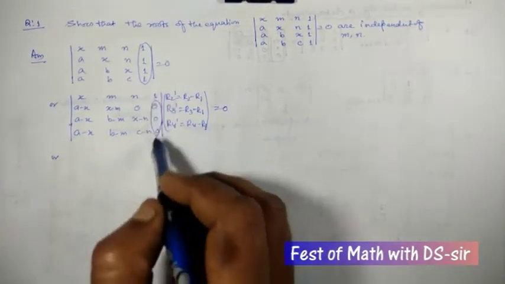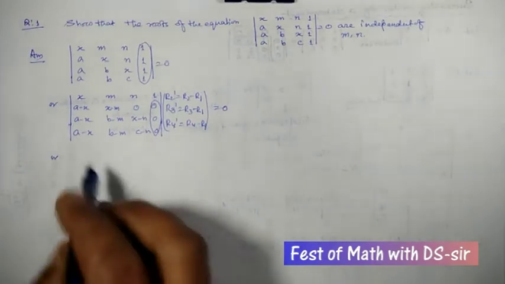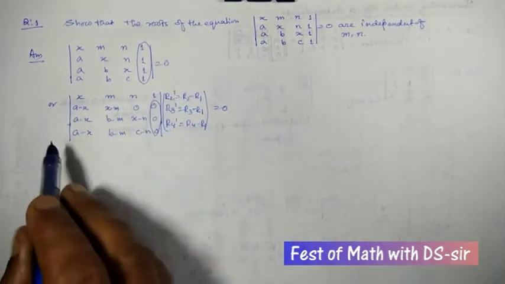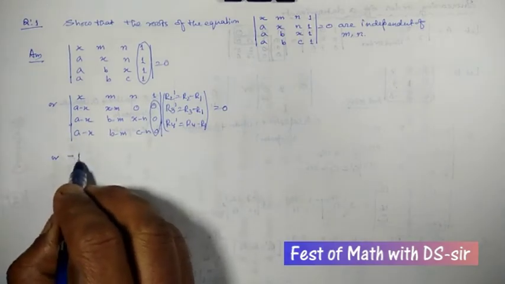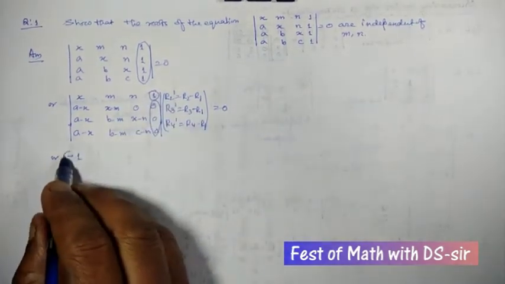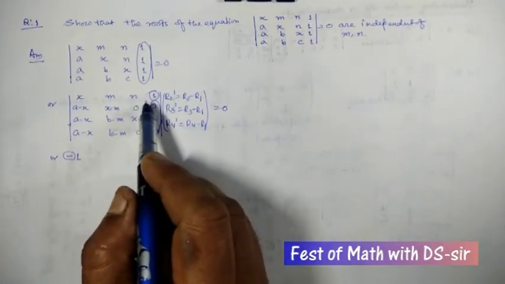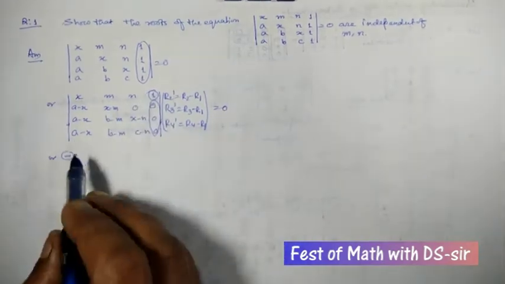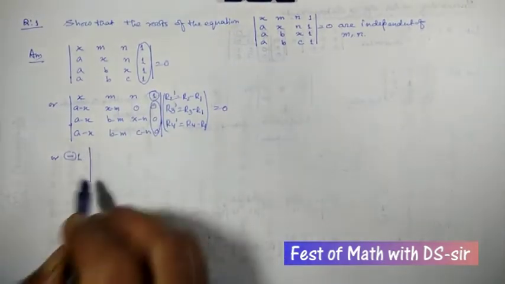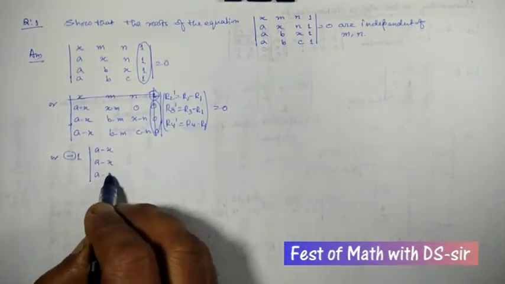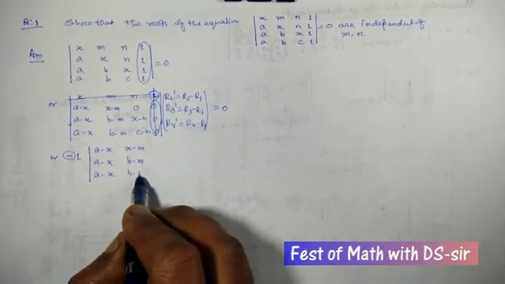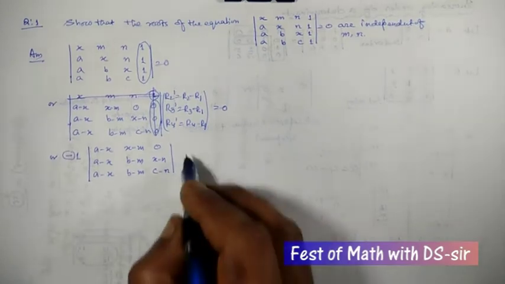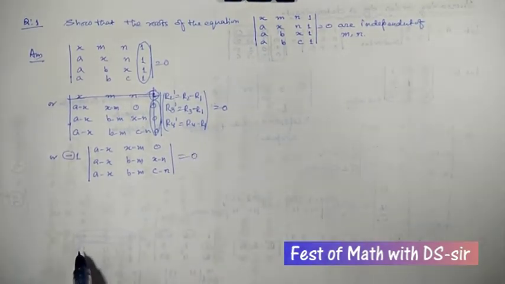So on expanding with respect to the third column, what do we get? Plus minus plus minus. So it is minus 1, because minus 1 to the power 1 plus 4 is multiplied. So it becomes minus 1 into the determinant equals 0.